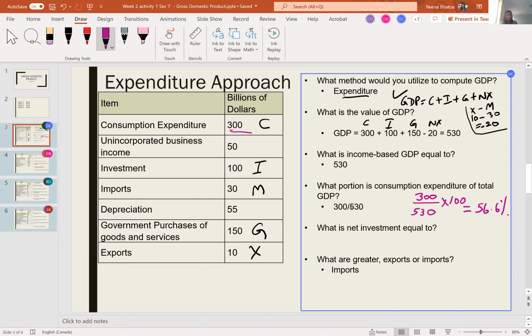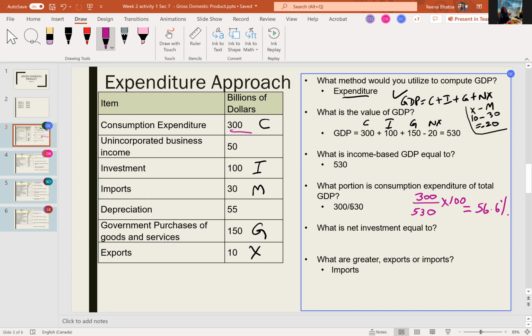Right. Next is net investment. Yes, Cassandra. So what you did was you took the total GDP and subtracted the consumption expenditure. What is the portion?